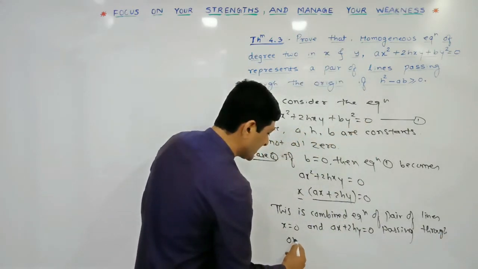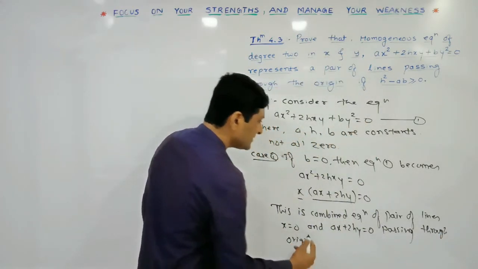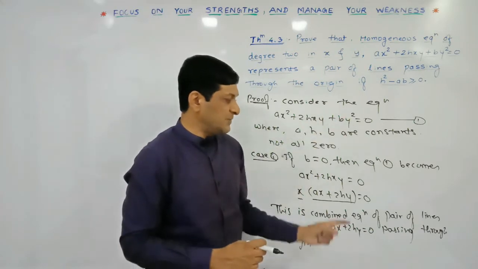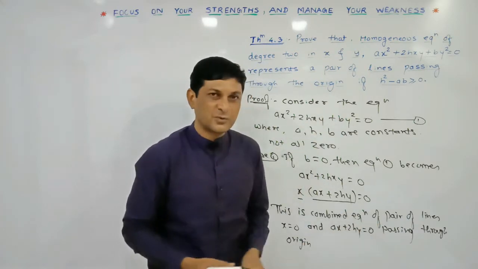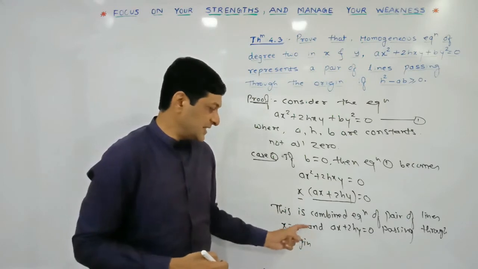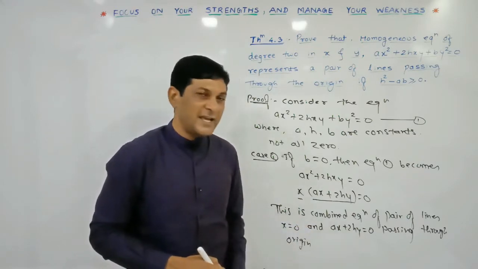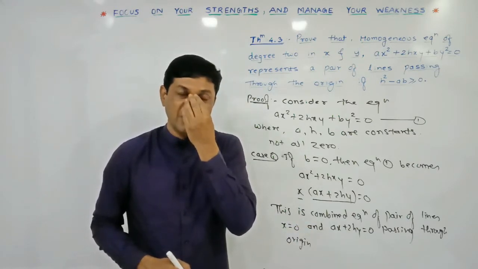So in the first case, what we have proved here is that equation first represents a pair of lines passing through the origin, where the first line is x is equal to 0 and the second line is ax plus 2hy is equal to 0.